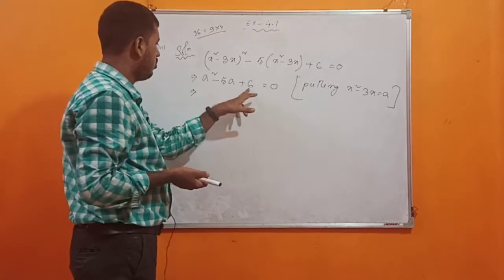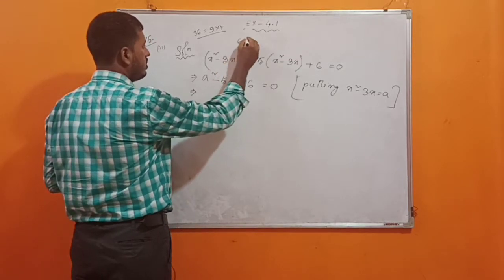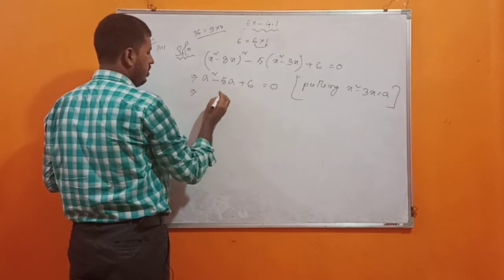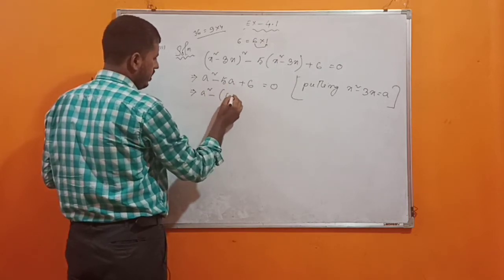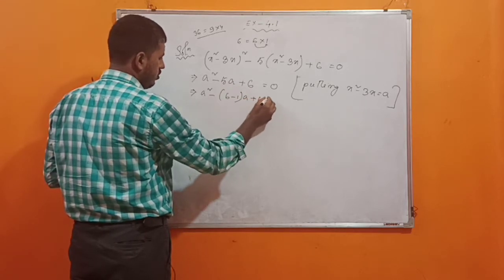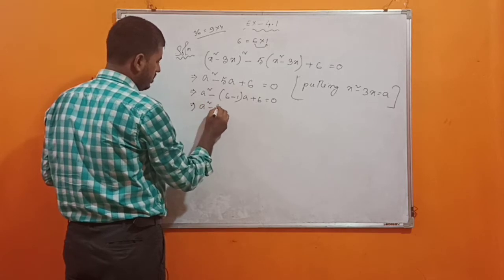From 6 we have to get 5. So to get 5 from 6 we can write 6 equal to 6 into 1 and 6 minus 1 will give what? 5. So a square minus 6 minus 1 into a plus 6 equal to 0.